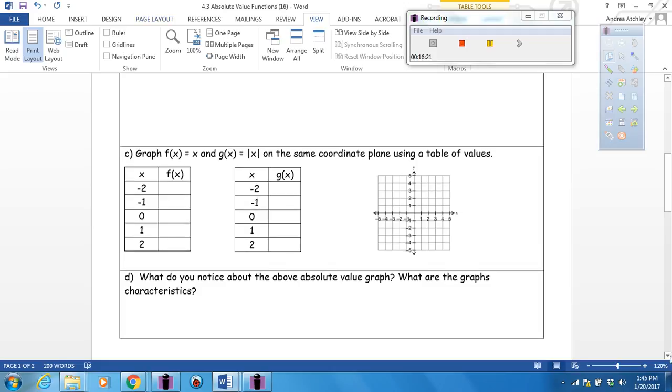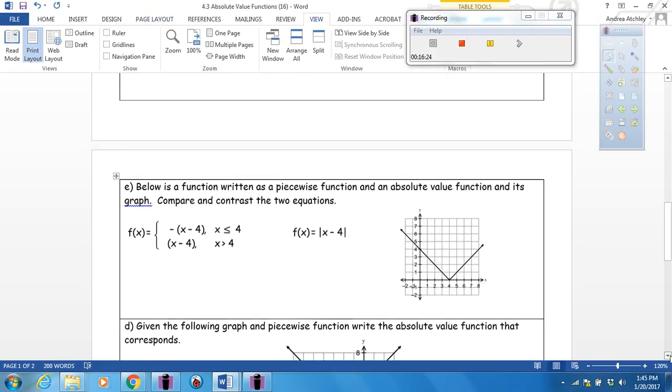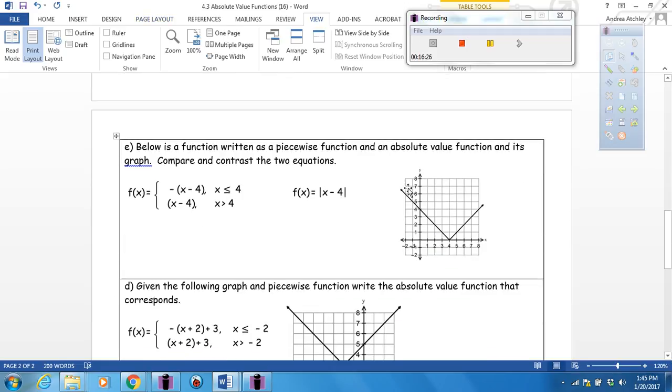Now we talked about that piecewise function and absolute value functions. You can write an equation as a piecewise or as an absolute value function for that same graph.